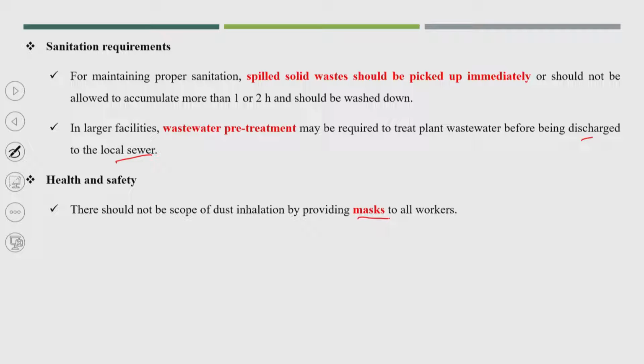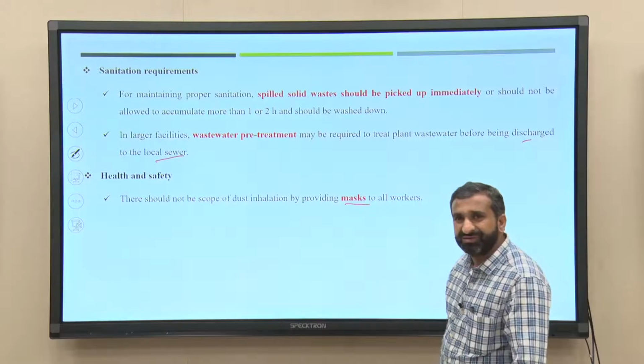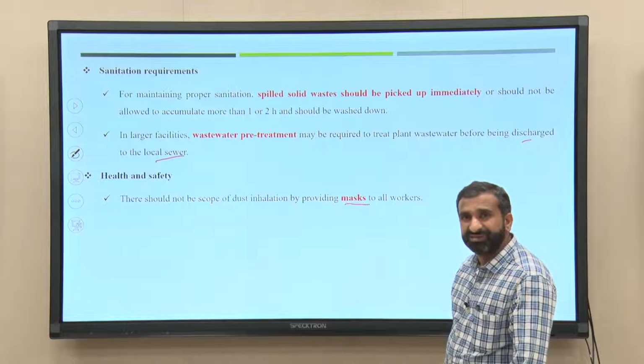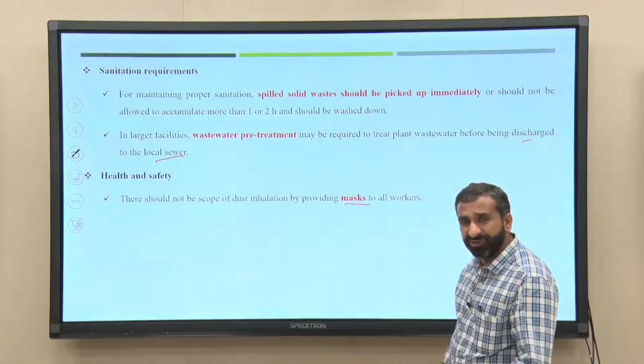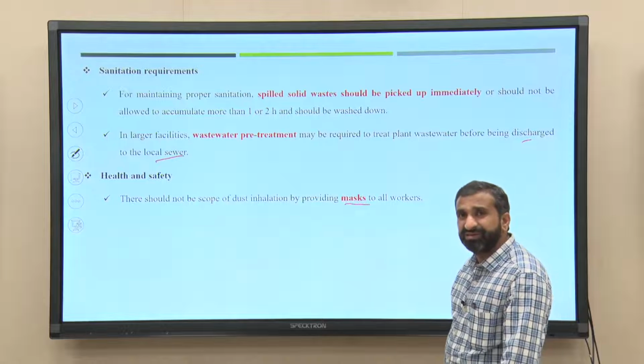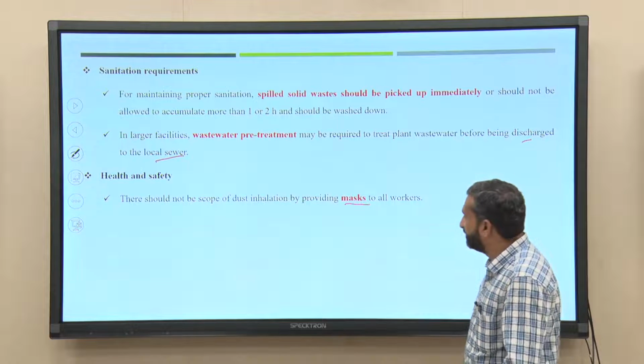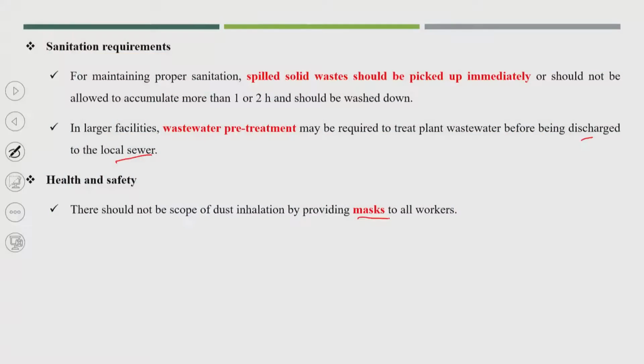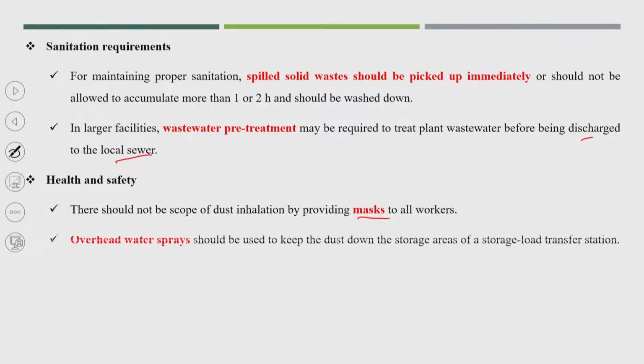This is also very important, because a lot of particulate matter could be produced during the operation. I think that data on PM10 or PM2.5 are not available, but it is possible that some kind of dust will be produced during the entire operation. So, masks should be provided.